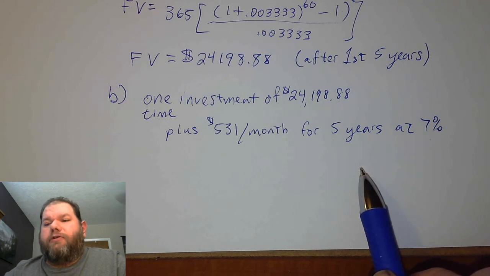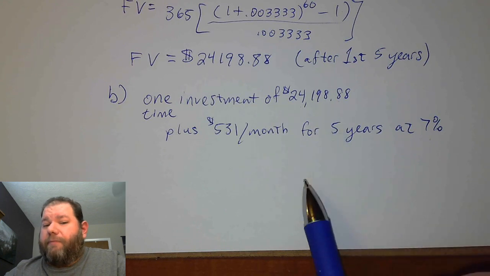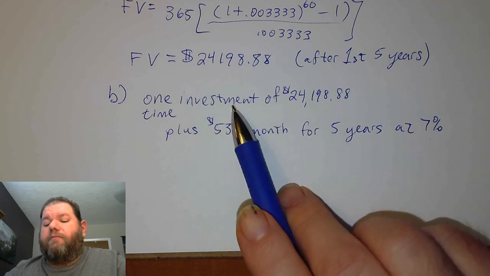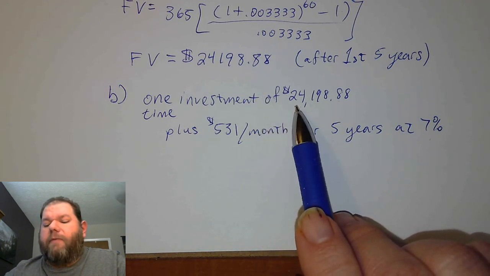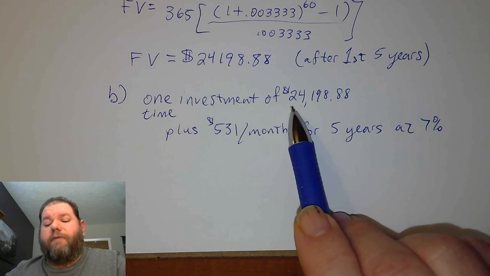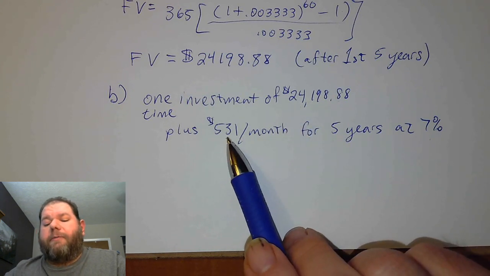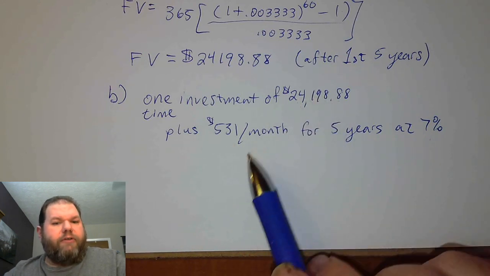It's probably just a basic compound interest problem, because we're only making one investment, we're not making multiple investments. Okay? So it's actually two parts. We have to figure out how much money this earns as a single investment, one-time investment, and we have to calculate how much money the monthly deposits earn, and then put those two together is what it's going to amount to.